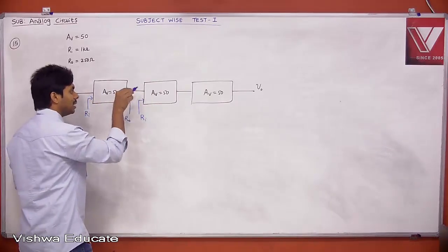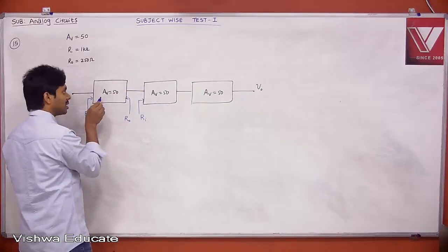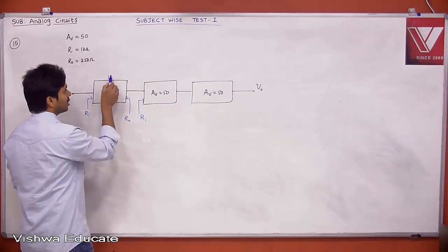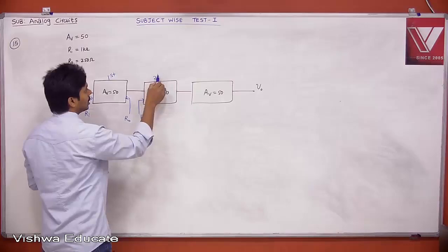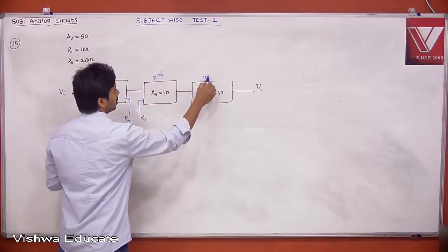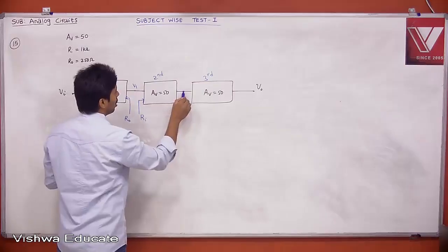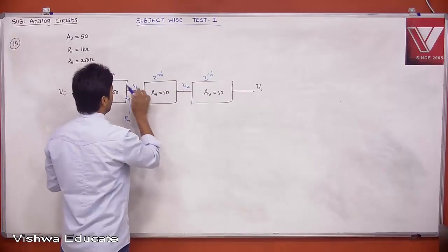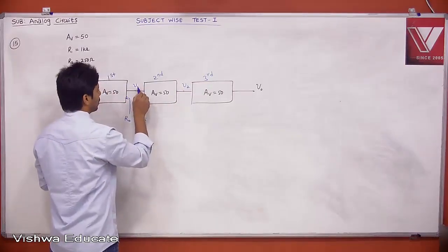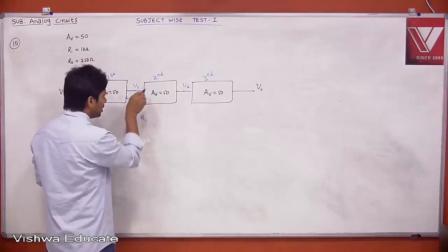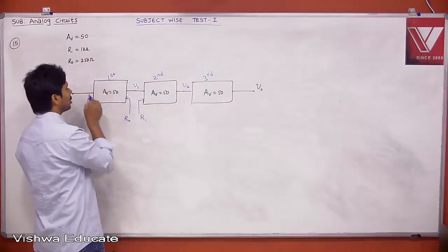So this is your first stage, this is the second stage, and this is the third stage, right? And let me call these small v1, small v2, okay?